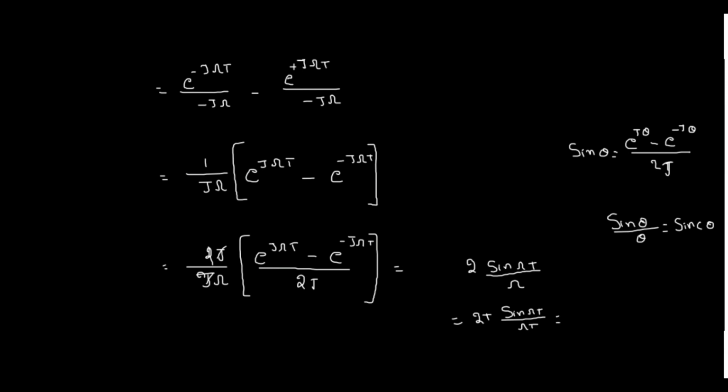So this one we can write as 2T sinc omega T. This is the Fourier transform of the given rectangular time domain signal.